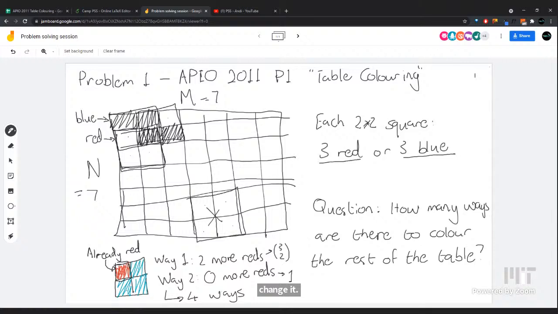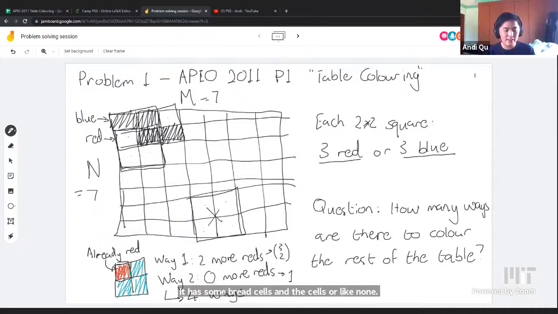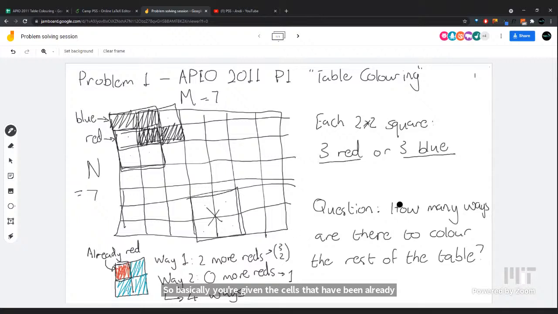Sorry, what do you mean? In the start, is this table empty or does it have some red cells? It has some red cells and some blue cells, or none. Basically you're given the cells that are colored in already, so the number of ways will vary if the top grid is empty.